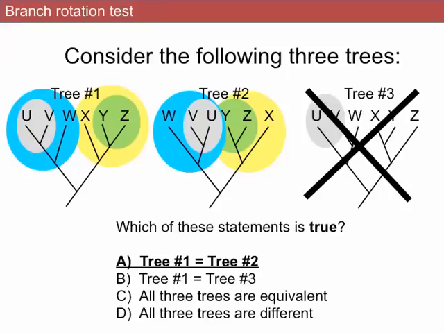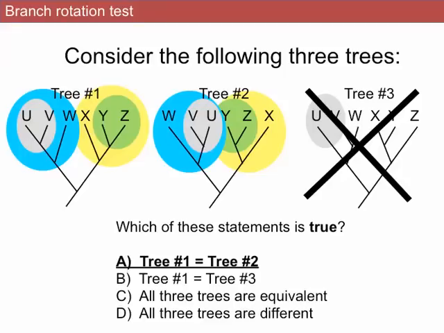Another way that's basically the same thing is to just look at every node in the tree and compare the taxa that are descendants from that node and see if you get the same collection of taxa in the two trees. So at this node, the descendants are U, V, W, X, Y, and Z. That's the same in all three trees.